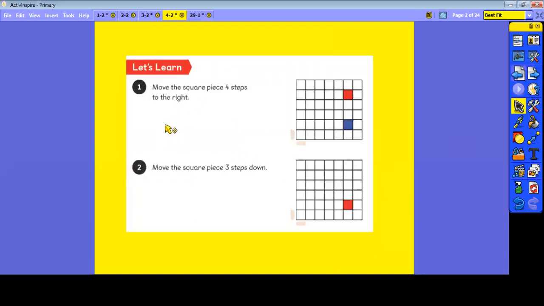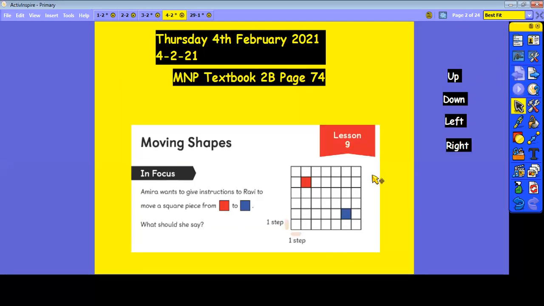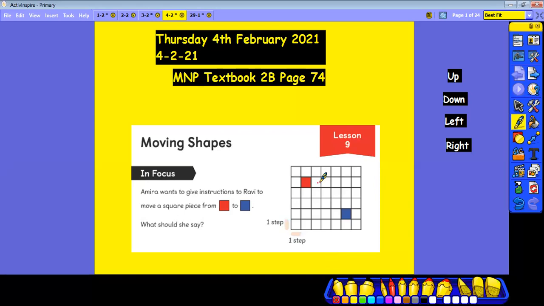So we're told we could give the instructions, move the square piece 4 steps to the right. Okay, so let's have a little look. It starts here, 4 steps to the right. 1, 2, 3, 4 steps to the right. You need to know your left from your right for this lesson, don't you, children?